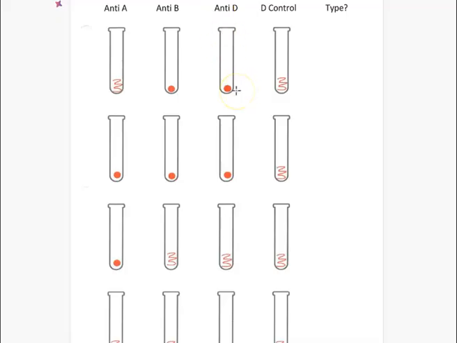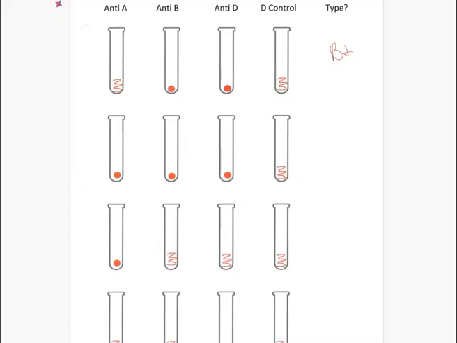Anti-D, again representing our RH, looks like it's agglutinated, which is going to mean a positive reaction, or RH positive. And then our control is negative, which it should be. So it looks like this person has B antigens on the red blood cells. So this person, I would say, is a B positive blood type.